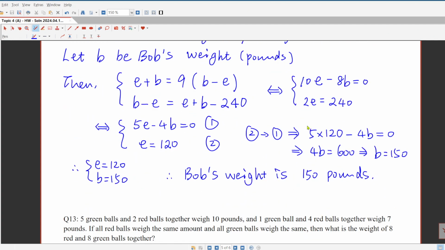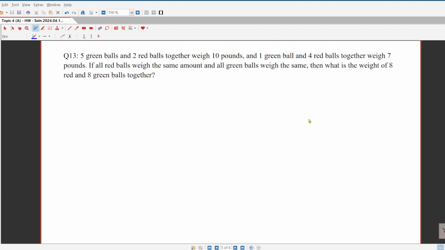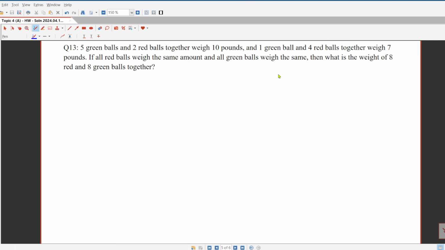All right, if no questions, let's have a look at the next one. So here we have two unknown variables, which are weight per green ball and weight per red ball, right?